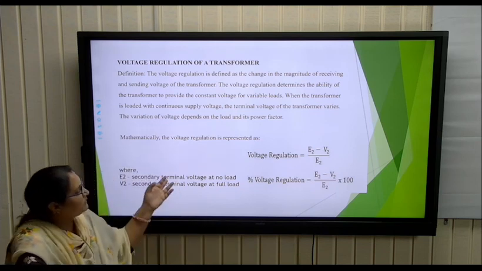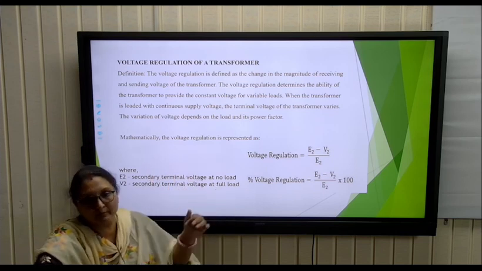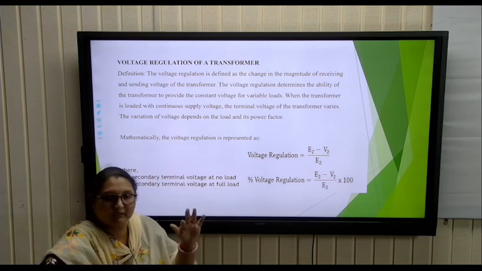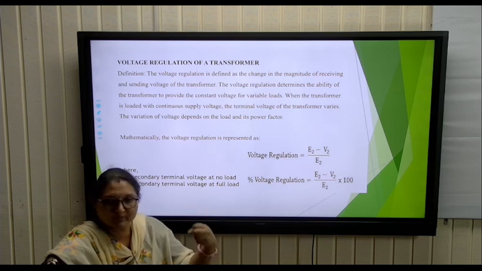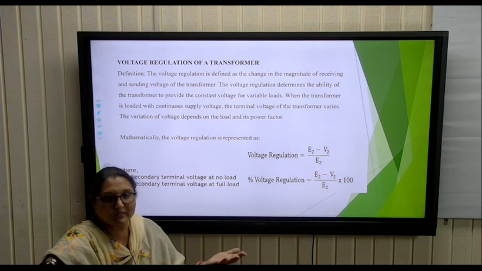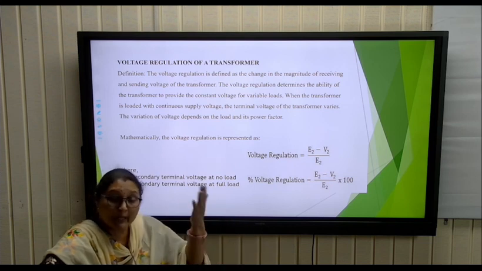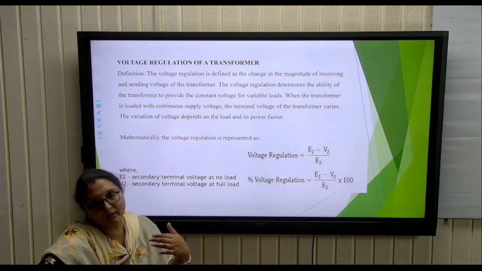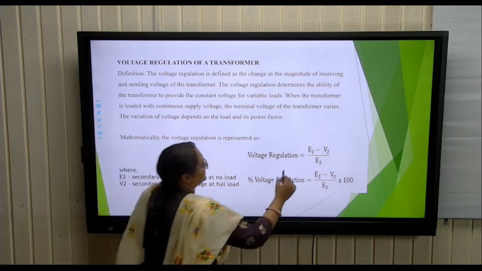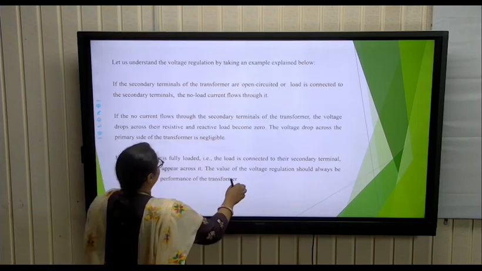So regulation basically means the change in your terminal voltage. Okay. From the previous discussion, what we have seen, when you load the transformer, some power loss is going to happen in the transformer. There will be some extra fluxes that should be nullified by the extra current which is taken from the primary side. Okay, so the terminal voltage, the no load voltage, is going to decrease.